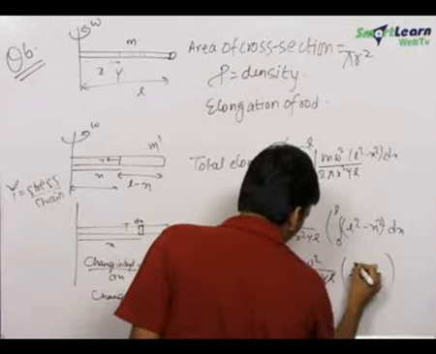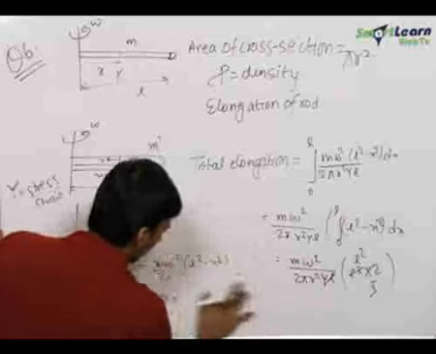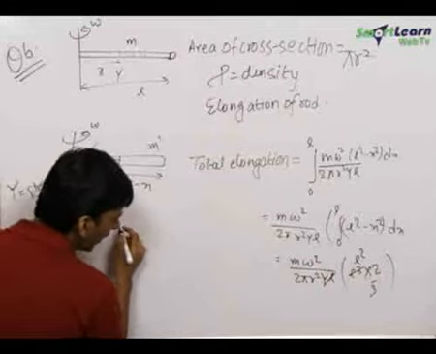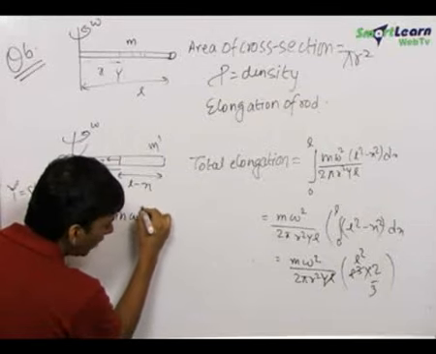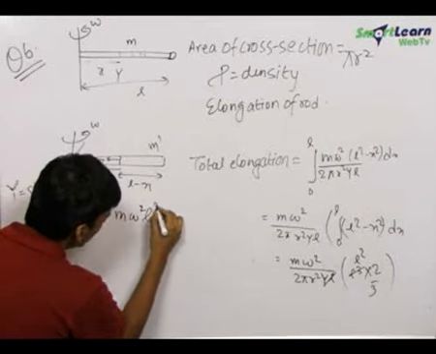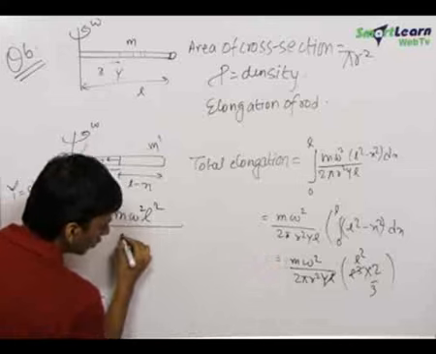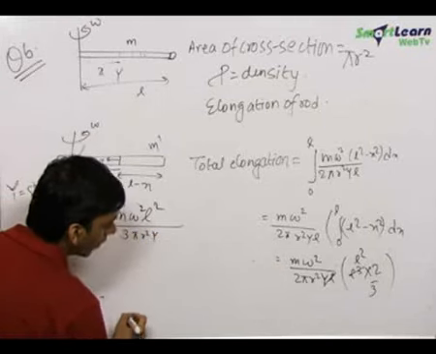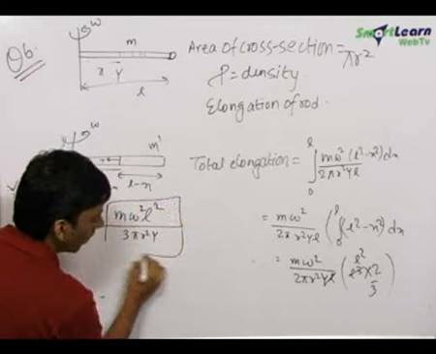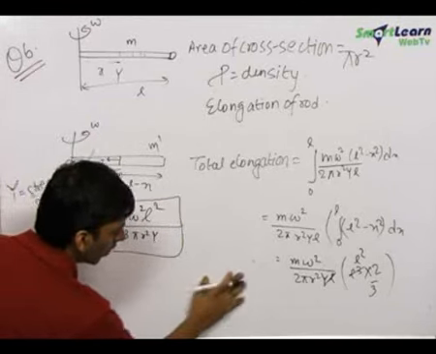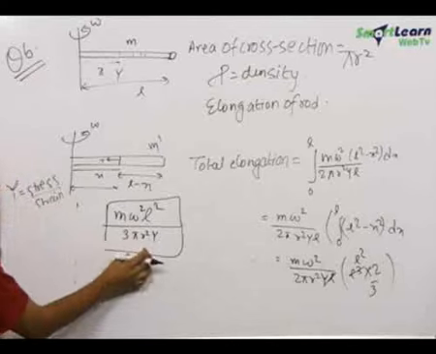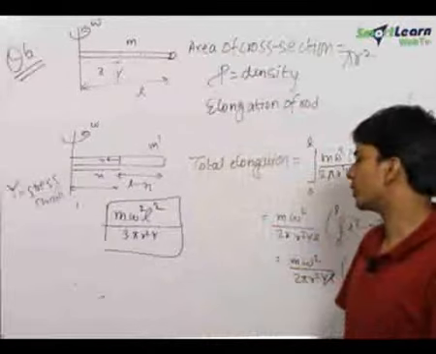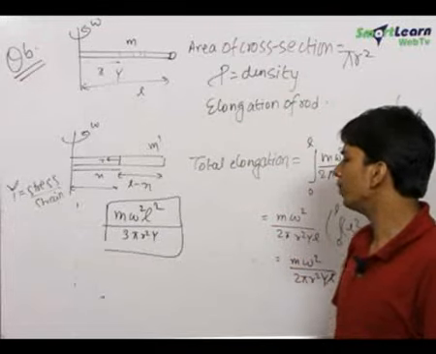This becomes L square. So the final answer for the total elongation in the rod comes out to be equal to m omega square L square, the 2 gets cancelled also, 3 pi r square into Y. So final answer for the total elongation of the rod comes out to be equal to m omega square L square upon 3 pi r square into Y.